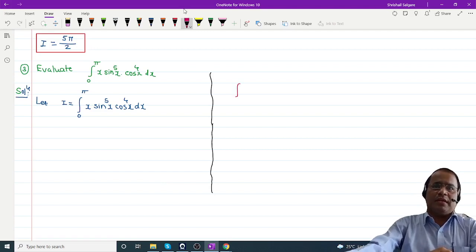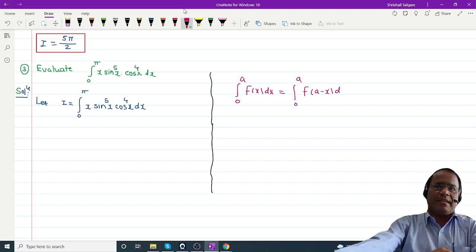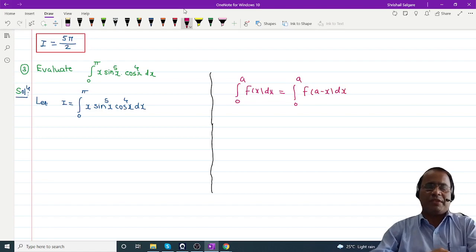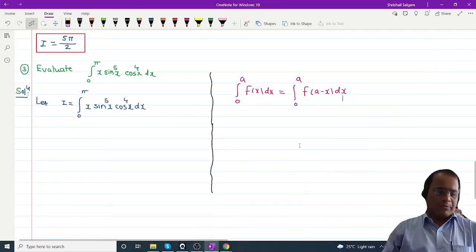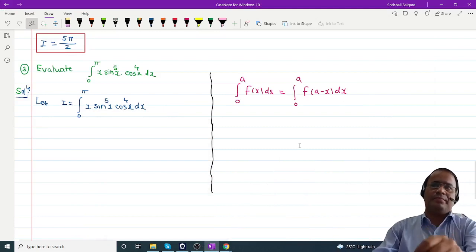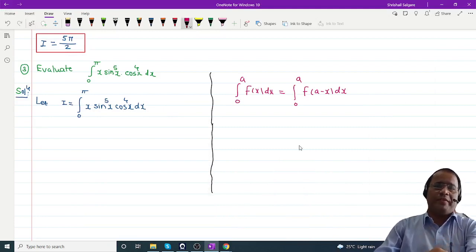For a definite integral, the integral from 0 to a of f of x dx is equal to the integral from 0 to a of f of a minus x dx. Have you studied this property? If not, you have to assume this as a result here.